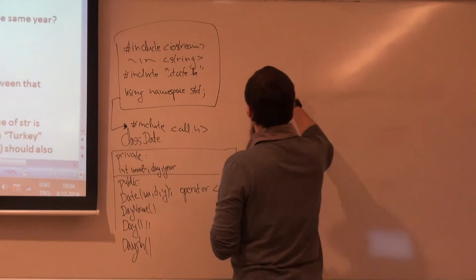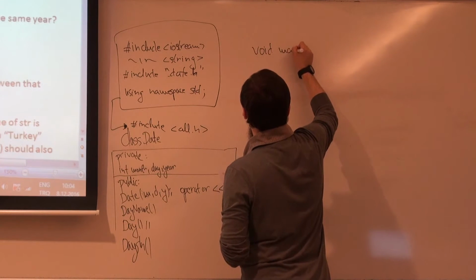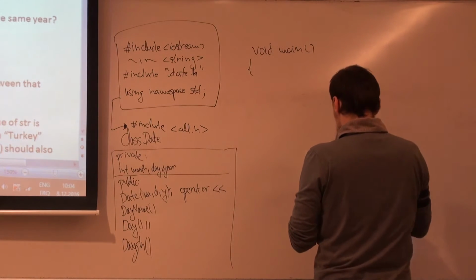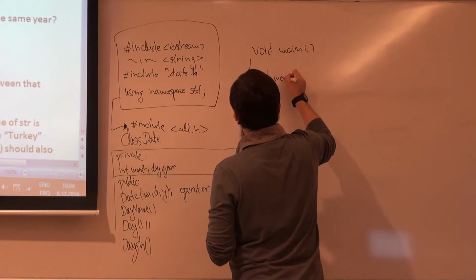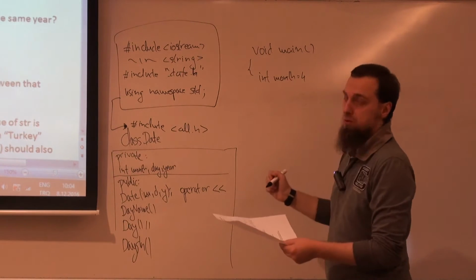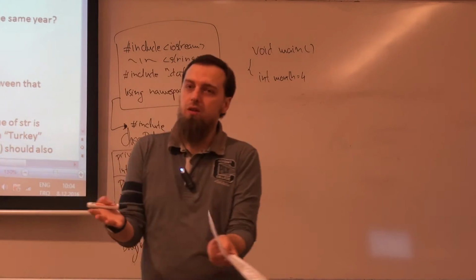So let's start with the main function, void main. April is the 4th month, so what I'm trying to do is the following. I'm giving the 4th month as an input. We saw that the year doesn't matter.